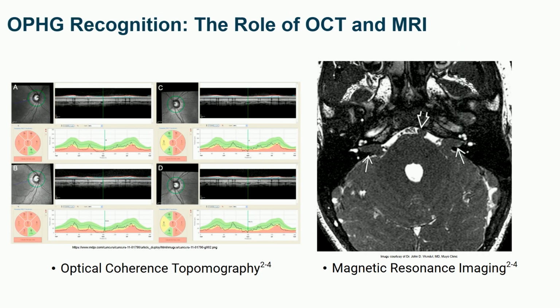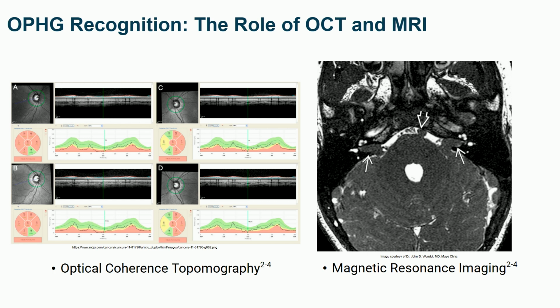So how do you recognize an optic pathway glioma in your clinic if you have a patient that comes in, pediatric or not pediatric? Most often, they present with loss of visual acuity, and it's most likely unilateral. That is the number one sign. Some of them will have proptosis, which tends to be a sign that the tumor has moved very close to the eye along the optic pathway.